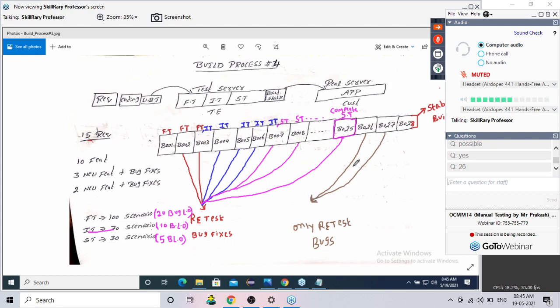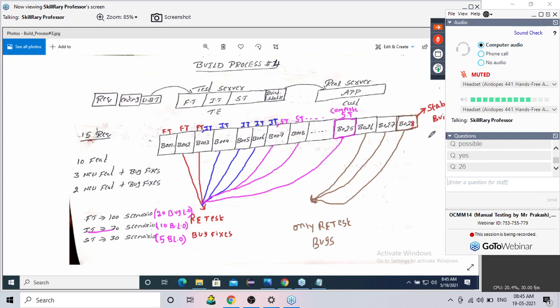Only one bug was found. Immediately the developer fixes that also. And in B28, again, I'm retesting that one bug. Whatever bug was found in B27 was fixed in B28. I retested, and in B28 I didn't find even a single bug.